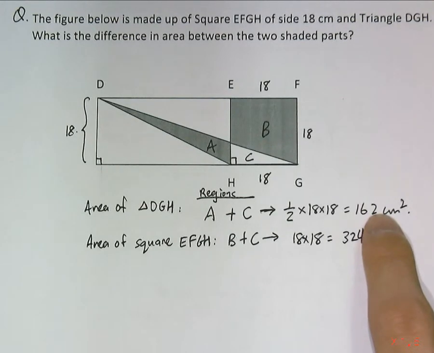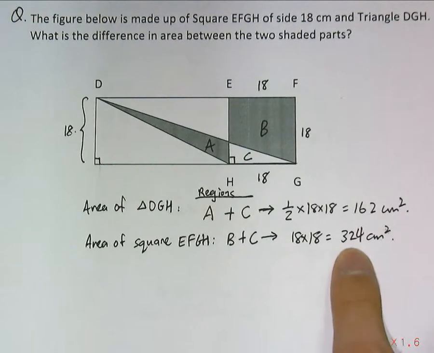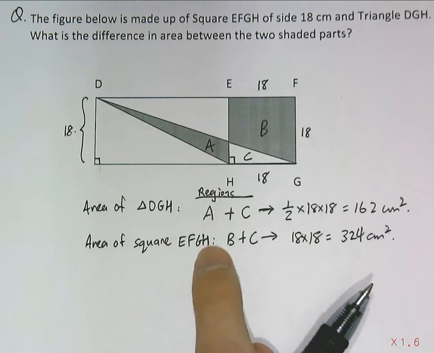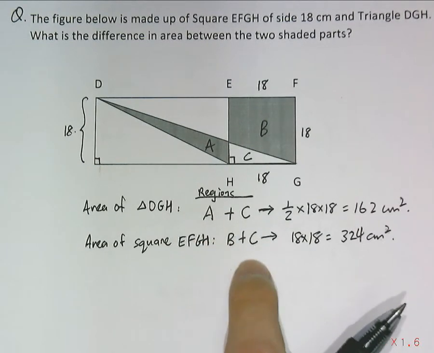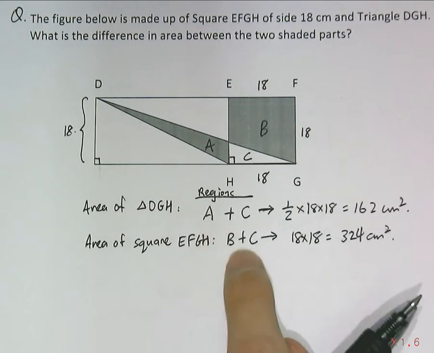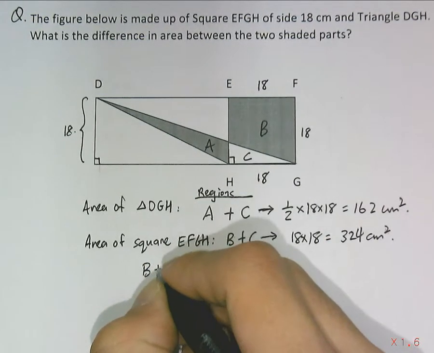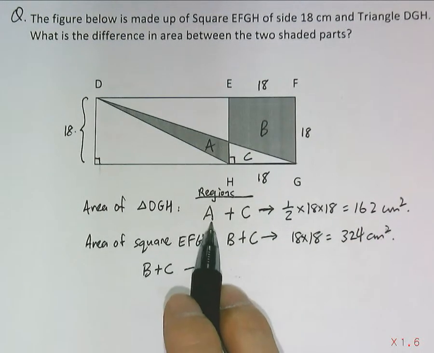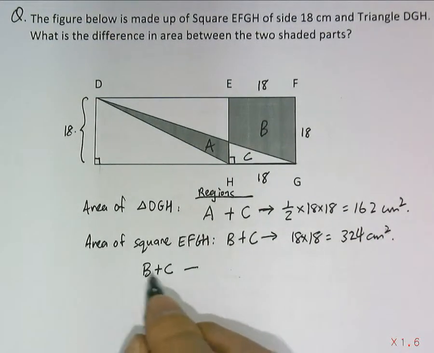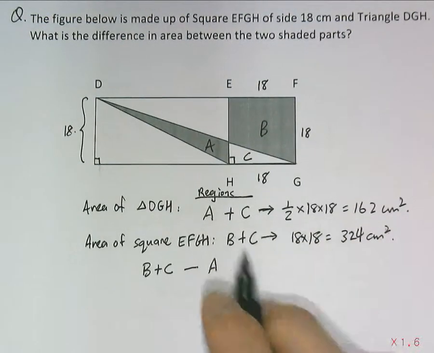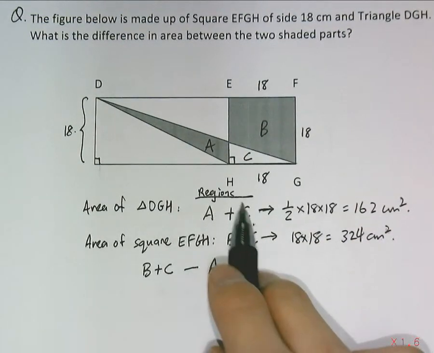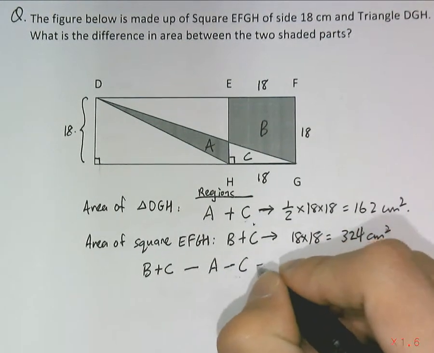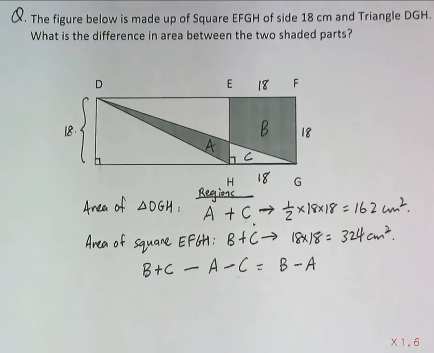So the required difference we are to find is this area subtracted by this area, so that we get these regions here to subtract these regions. So B plus C, the area of the square, is B plus C, minus the area of the triangle, minus region A and minus the other part of the triangle, which is area C. And therefore we will be left with the difference.